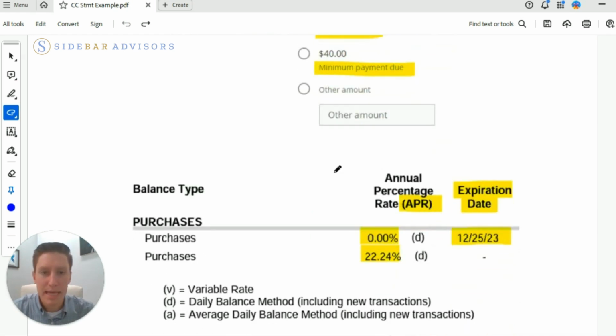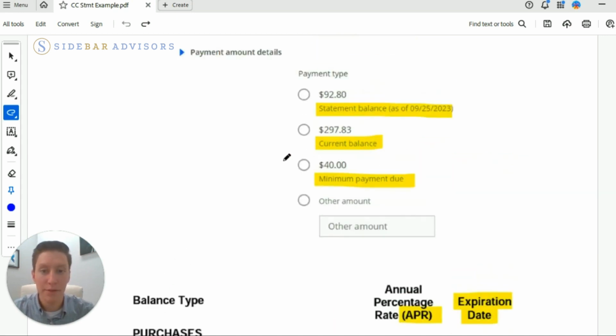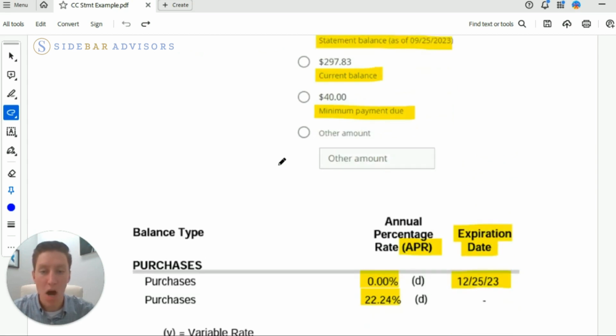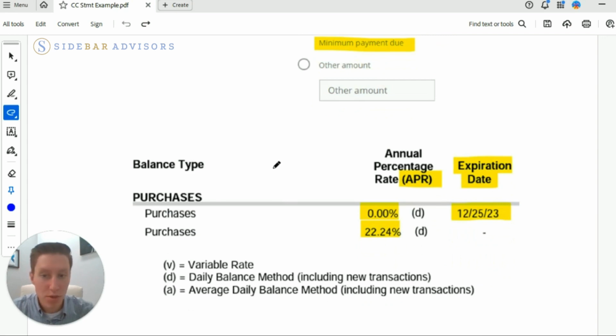Another thing to consider, this was on my credit card screen, and it lists my APR, which is my annual percentage rate or my interest rate. Any money left over from month to month on your credit card balance is going to get charged interest.